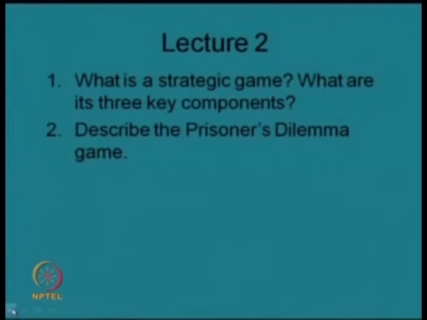This is the exercise for lecture 2. We have 2 questions in this exercise. First question is, what is a strategic game? What are its 3 components? A strategic game, like any game, is a model of interacting decision makers.